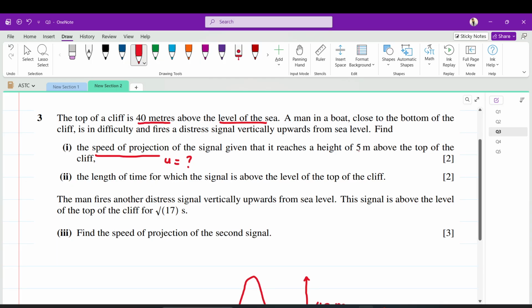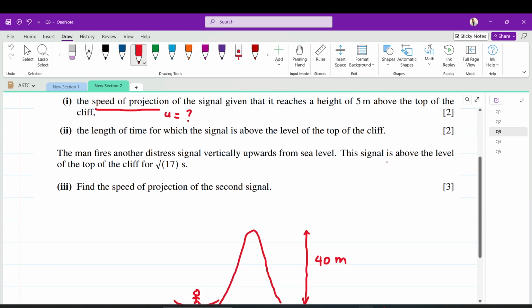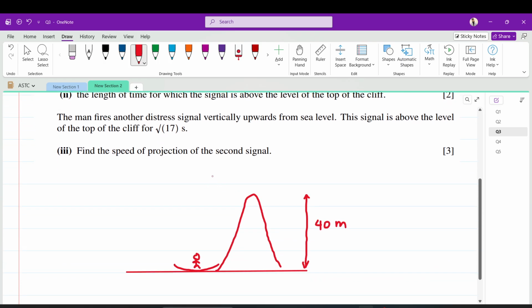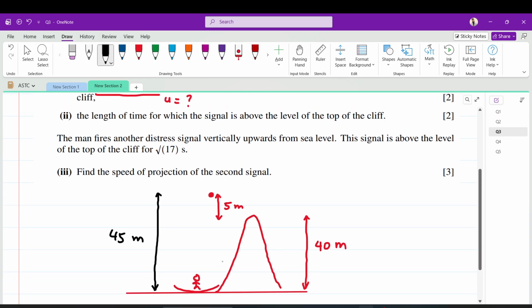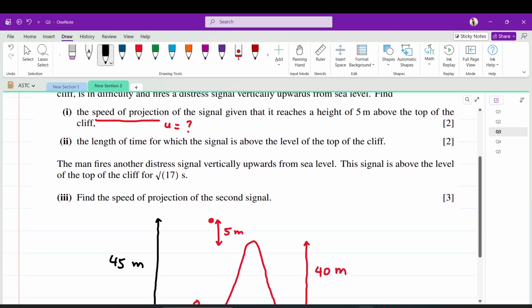Given that it reaches a height of 5 meters above the top of the cliff. Okay, so that means that it reaches this part. Okay, and the distance between where it reached from the top of the cliff, that is 5 meters. So we can say that the total height that the distress signal has traveled would be 45 meters. All right, so I think that's pretty much about it that we can draw on the diagram. So now we need to find out what is the speed of projection.